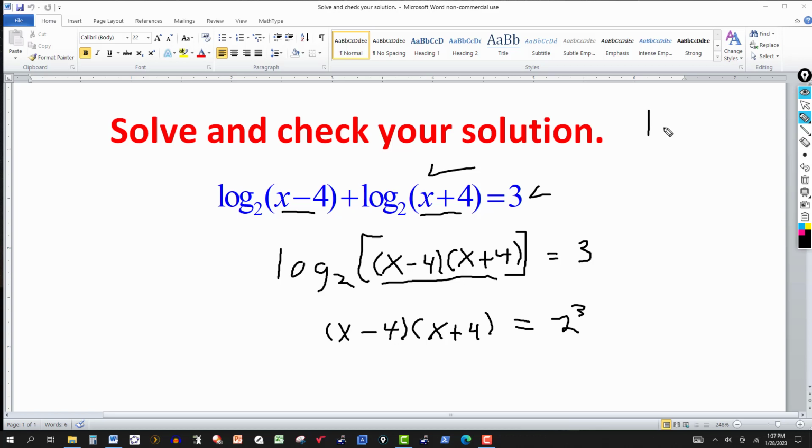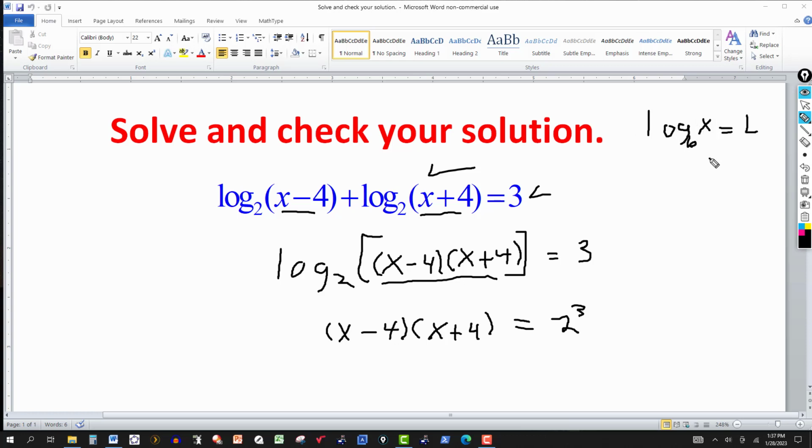Again, you have the log of some number x to some base equal to some logarithm. A logarithm is a number or an exponent. The definition tells you that this is the logarithmic form.